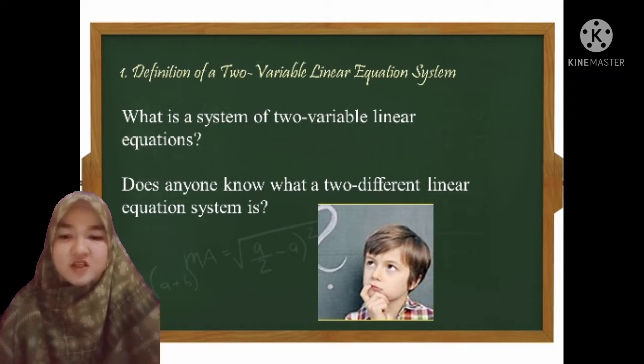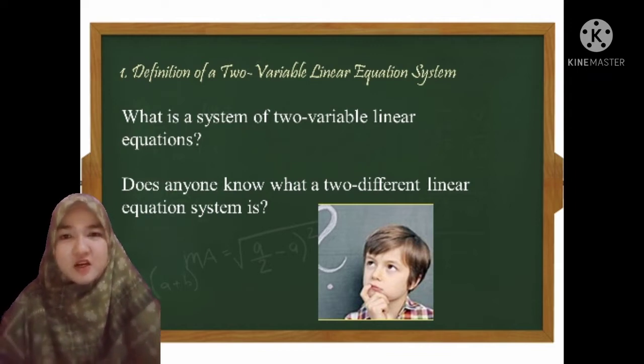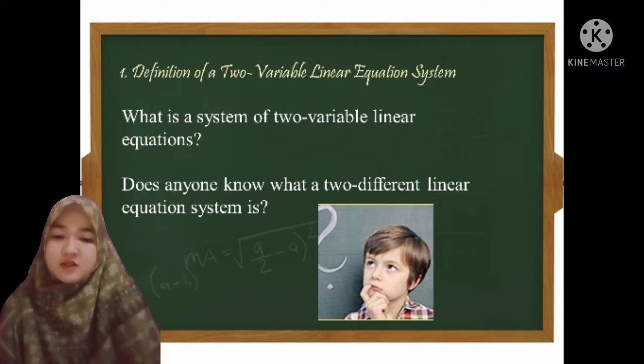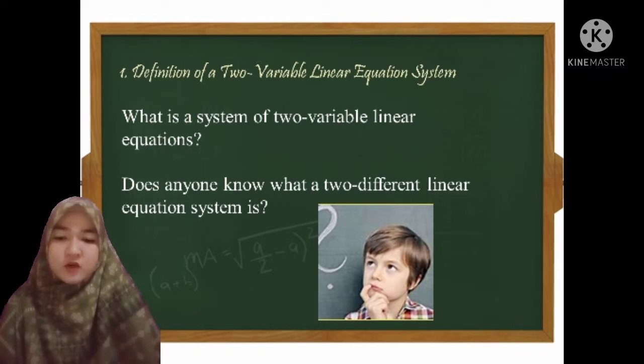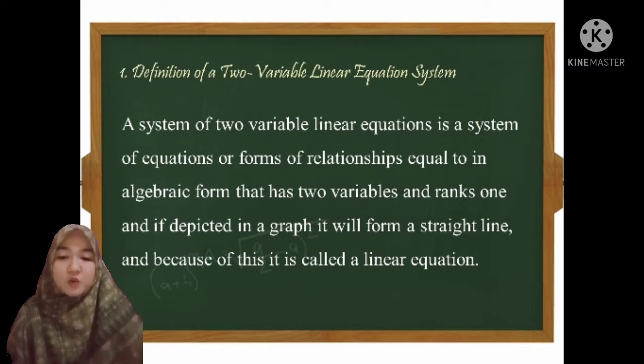1. Definition of a two-variable linear equation system. What is a system of two-variable linear equations?